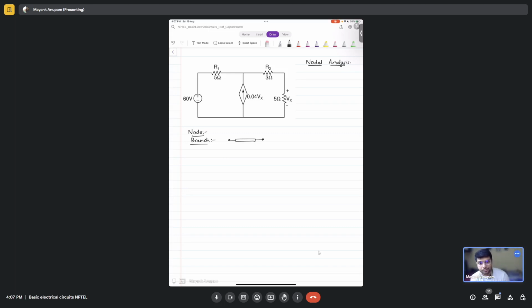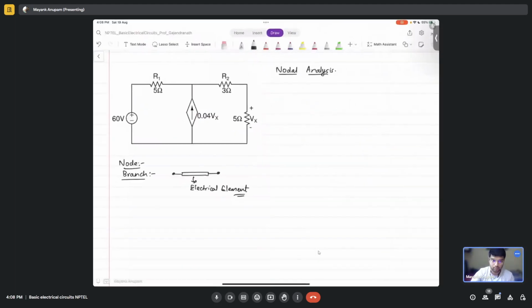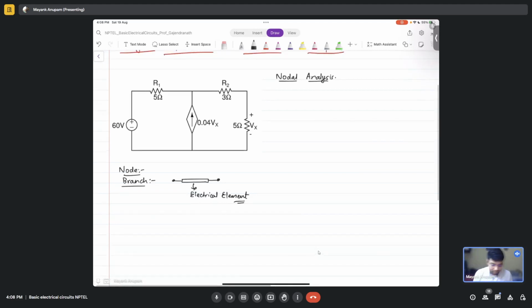Now let's call it an electrical element. Let me draw this. Now it will be more clear, right? Cool. So this is an electrical element.